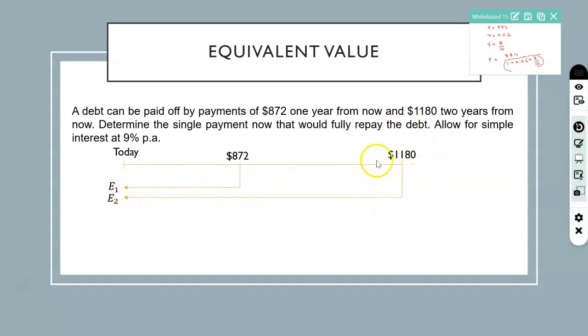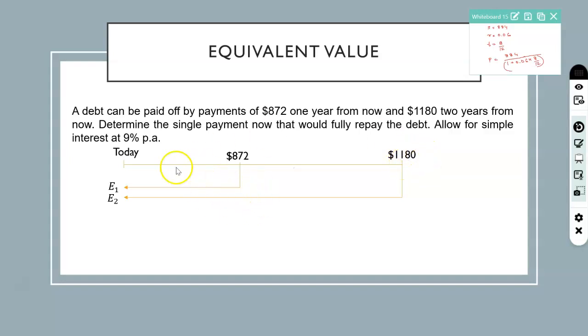Or if you need to return $1,180 after 2 years, what value of this will it be 2 years back? Or how much loan have you taken in today's time so that you need to return $872 after 1 year and $1,180 after 2 years?